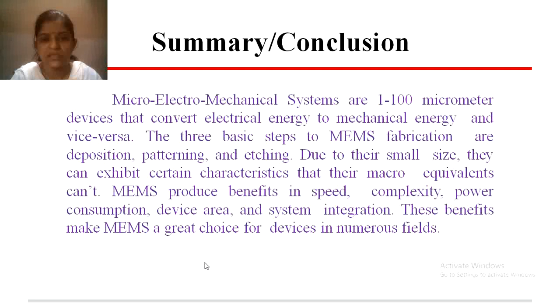Then there are three basic steps of fabrication that we have already seen: deposition, patterning, and etching. These are the three basic steps involved in MEMS fabrication. Due to their small size, they can exhibit certain characteristics that their macro equivalents can't. So MEMS produce benefits in speed, complexity, power consumption, device area, and system integration.